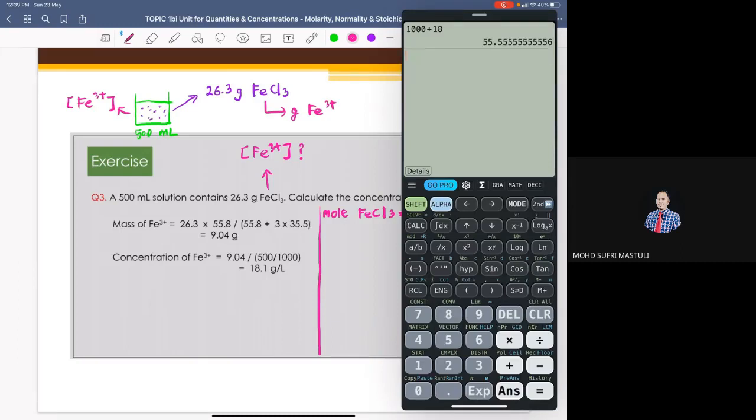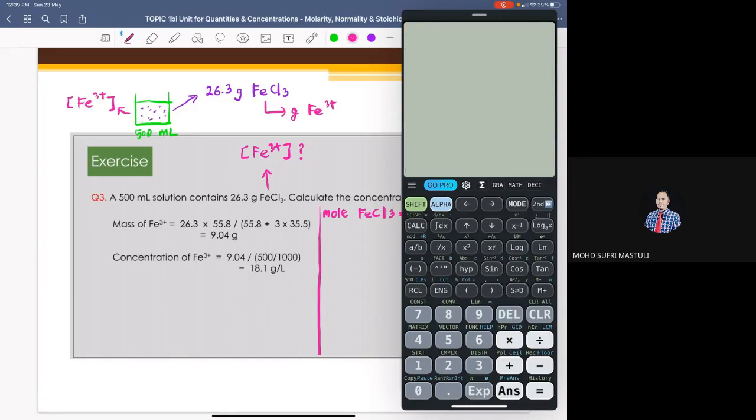35.5 times 3 plus 55.8, and then the mass 26.3 divided by the answer.